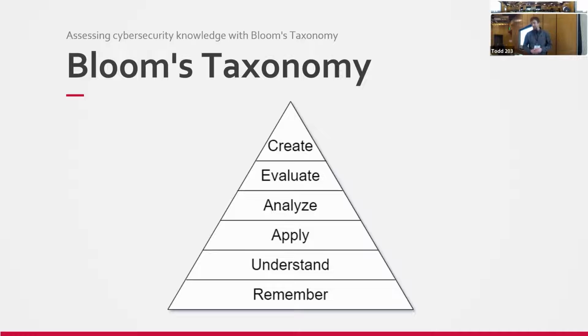So, for example, to be able to apply knowledge, first you're going to have to be able to understand, as well as remember, just the simple facts of what you're dealing with. It's developed for education, but we can really generalize it to the knowledge that anyone is going to need to solve any task.